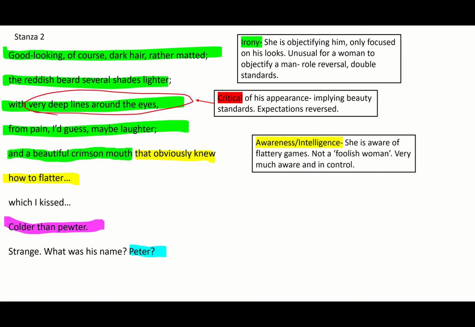And a beautiful crimson mouth that obviously knew how to flatter, in yellow there. So she's talking about his mouth and this idea that obviously she could be flattered by him while they're in bed, right? But there's this awareness and intelligence there. She is very aware of flattery and games that people play. She's not foolish. It gives us the sense that she's very much aware and in control of the situation.